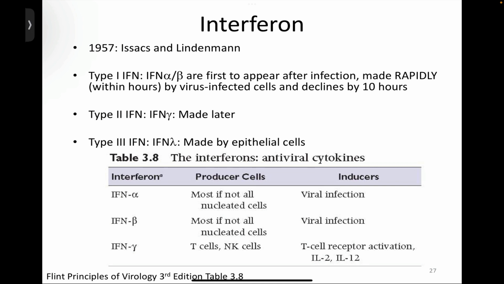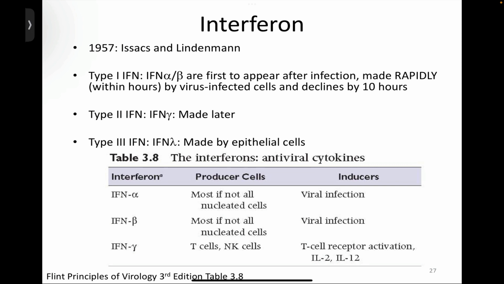They didn't know what it was. They didn't know any details of it. They just knew that this magic stuff interfered with infection. So they called it interferon, because it interfered with infection. We now know that there are a bunch of types of interferon.